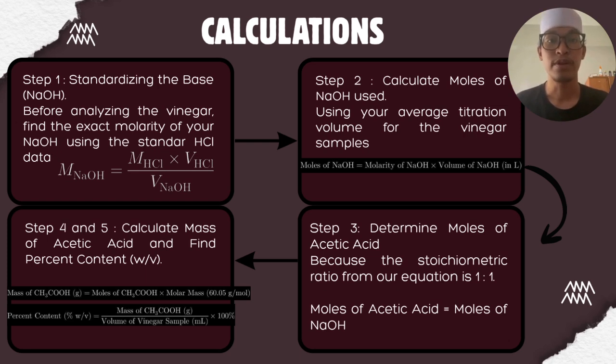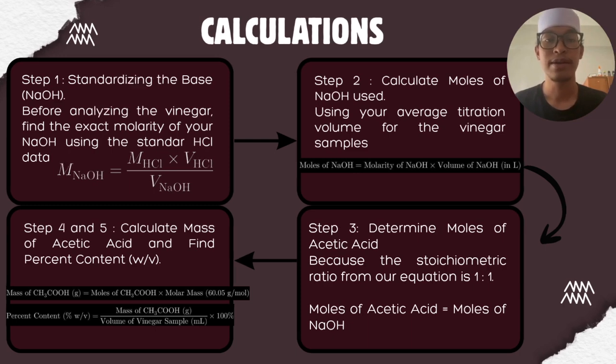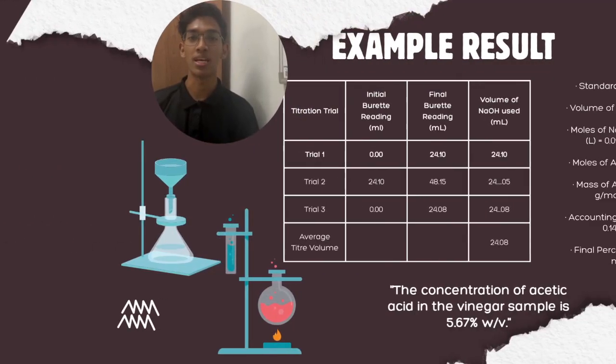Finally, step 4 and 5, we convert those moles of acetic acid into grams by multiplying by its molar mass of 60.05 gram per mole. From there, we find the final weight by volume percent content by dividing that mass by our original vinegar sample volume and multiplying by 100%.